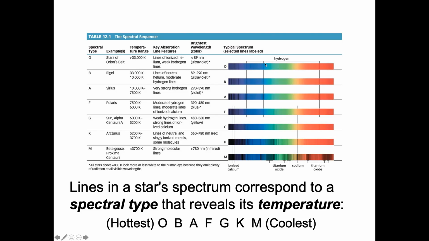There are some lines corresponding to hydrogen that are very weak, not particularly dark. We've got some purple wavelengths missing, some blues, some reds.